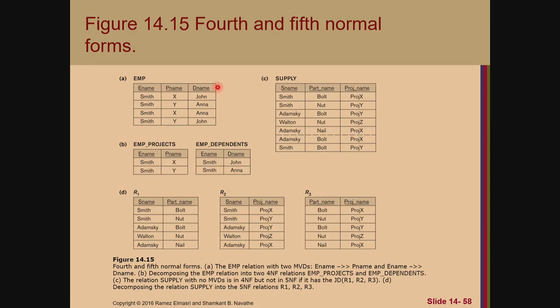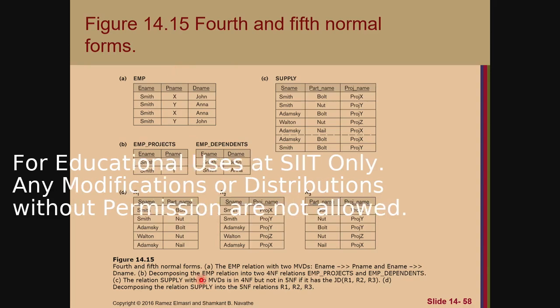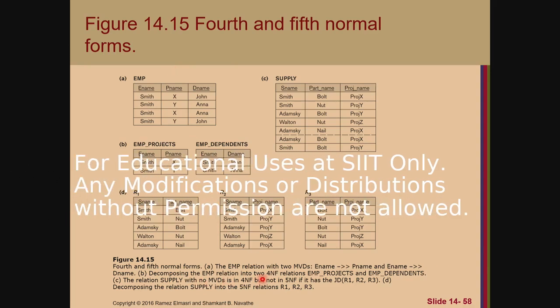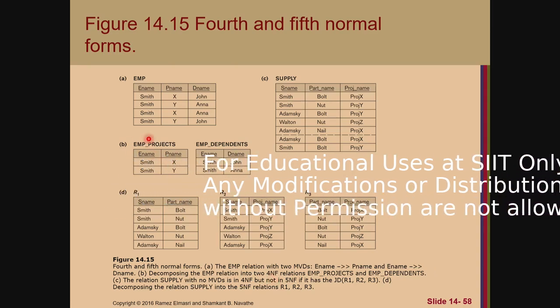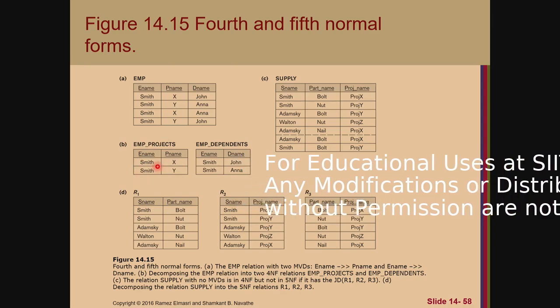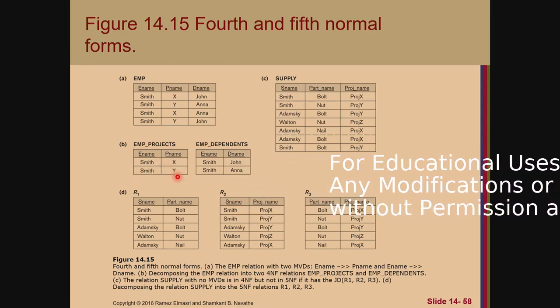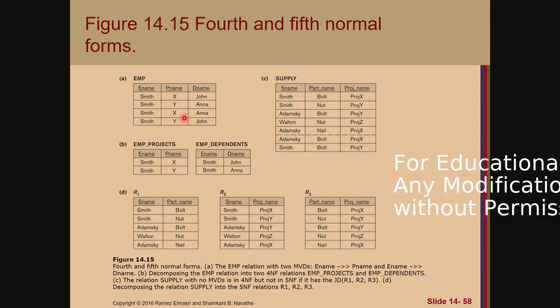When you separate it, actually we have to understand the relation at first, but you cannot use this kind of information only. You have to ask for the requirements to understand the relation of them. After that, from this information, they suggest to decompose the relation into two. In B, it becomes the M project. Smith works in project X and project Y. Okay, we can check from this one.